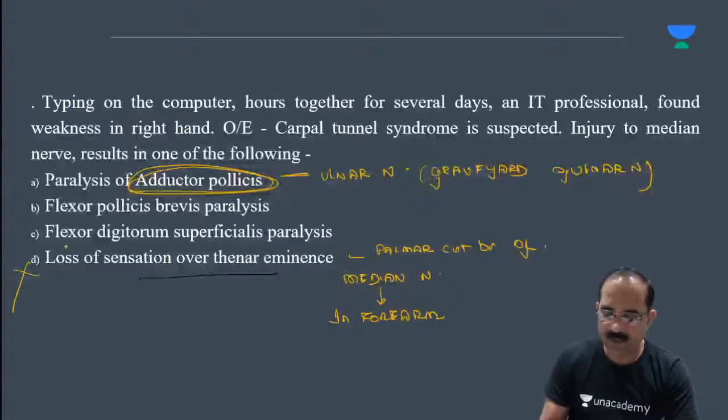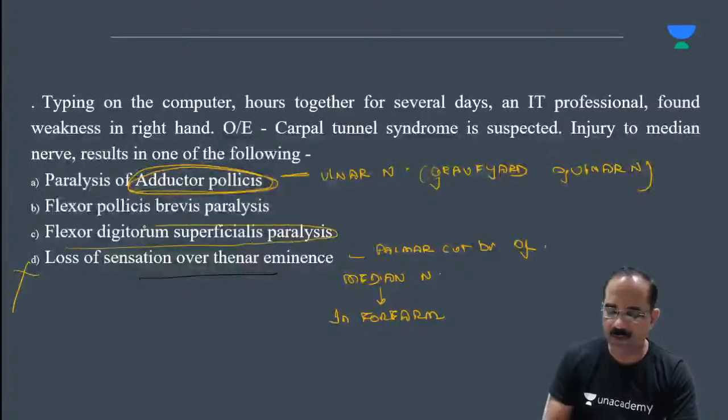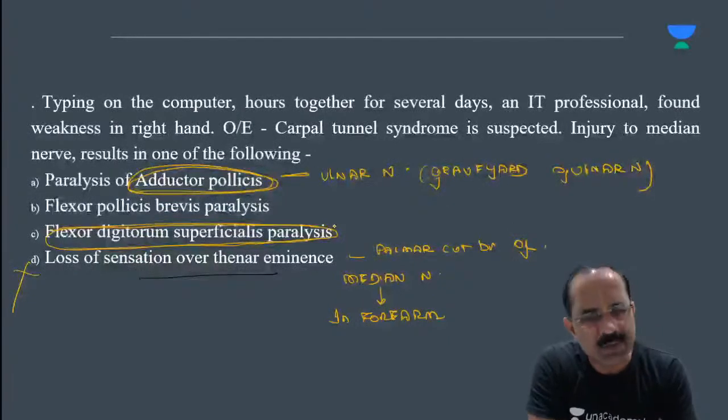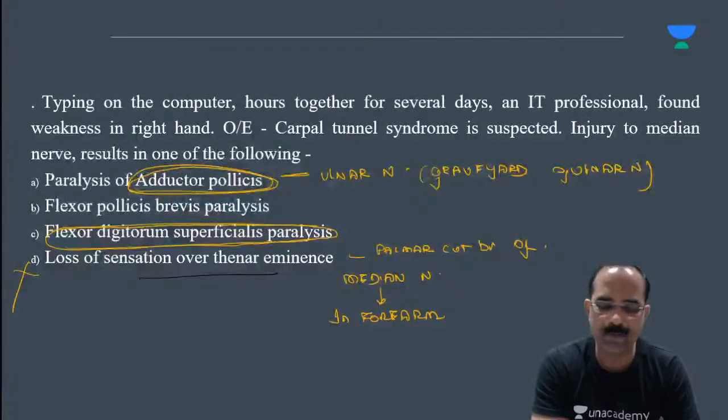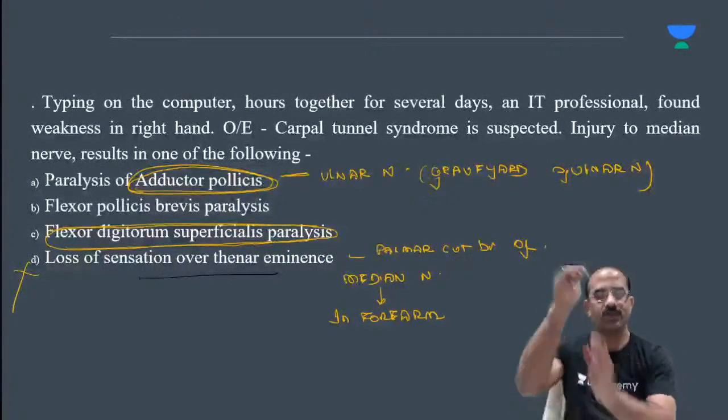Tell me, flexor digitorum superficialis paralysis. Tell me who supplies the flexor digitorum superficialis? Who supplies? Anyone? Flexor digitorum superficialis is a muscle of the forearm.